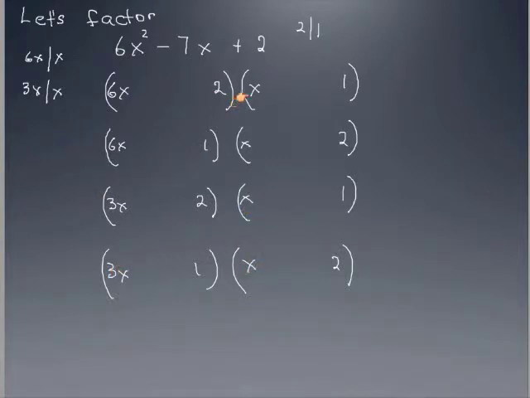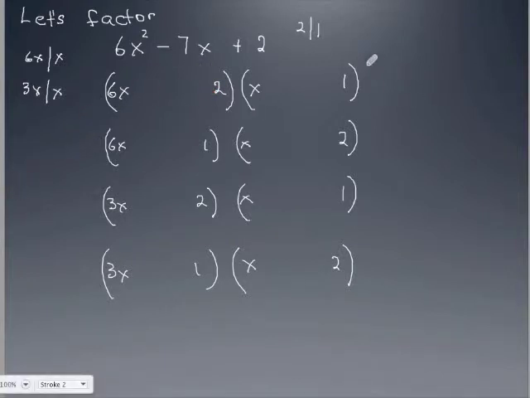So the idea is to multiply the inner and multiply the outer and see if you can make a negative 7x. So 2x and 6x will not make me negative 7. 2 plus 6 is 8, and the difference between them is 4.